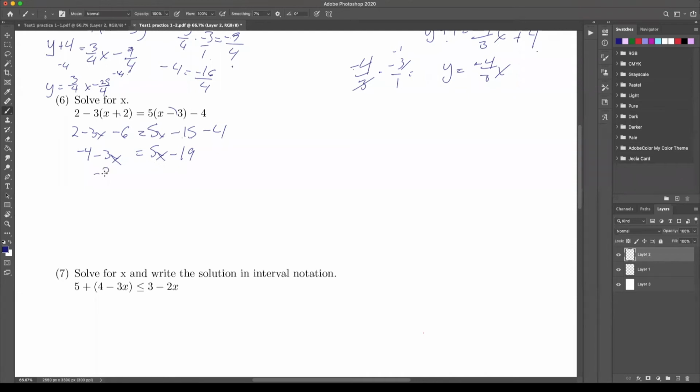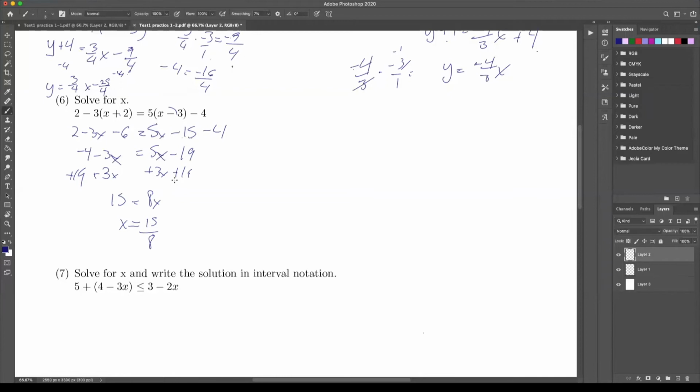I'm going to move the 3x this way, just because it keeps my number positive. And I'll move the 19 the other way. So here I'm moving the 3x over this way, so this cancels out to be 0. Negative 4 plus 19 is just positive 15. This becomes 8x. And then this just cancels. And so I have x equals 15, and we divide by 8.